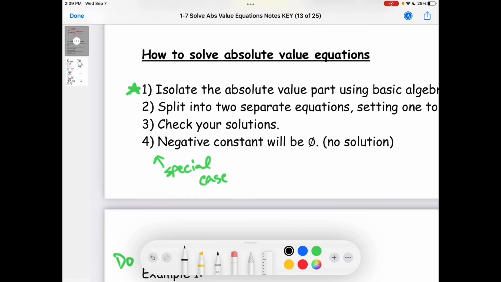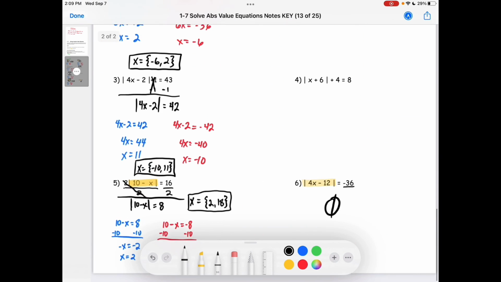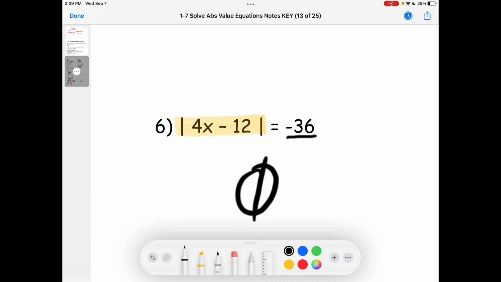Now, on number 6, the absolute value was already isolated. Since the isolated part was equal to a negative, that's why we say no solution. But if it's not isolated yet, make it that way and then check if it's going to be no solution.